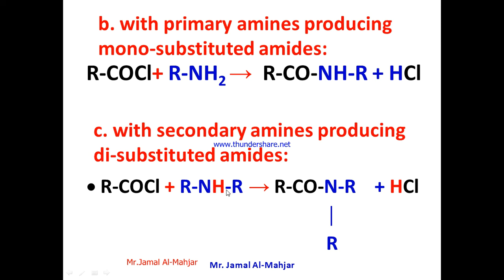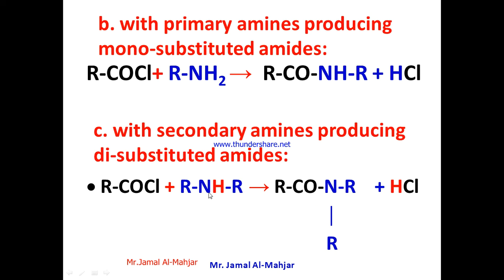Now you have to remove what? What is the rule? You have to remove H from the amine, from the N, with Cl, and they are removed as HCl. What is the rest here? It is RCO. And from this side, you have to join N. Then we have R, and another R. You can put it up or down, right or left, no problem.